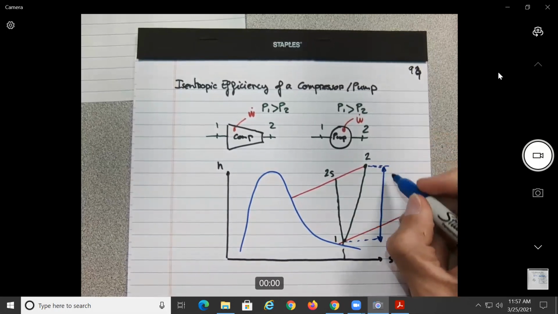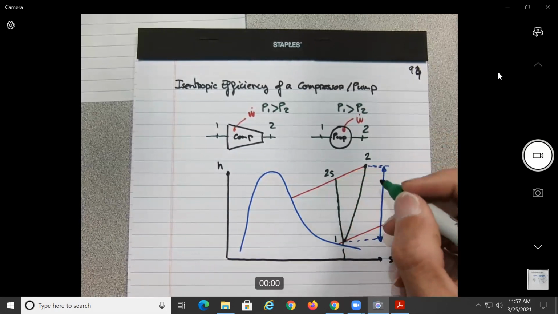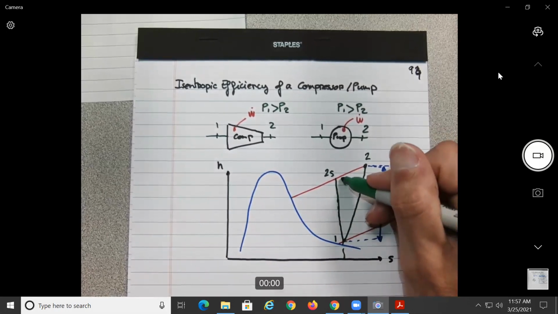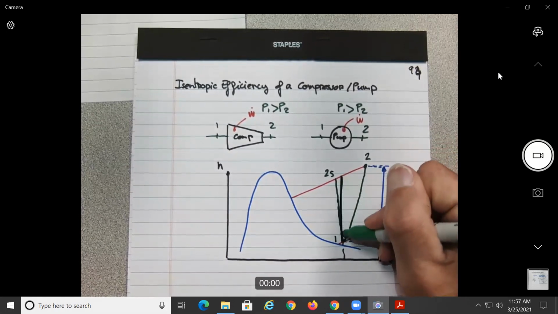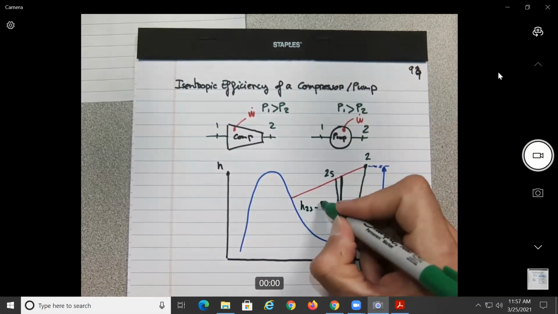This one will be H2 minus H1. And this one here should be a straight line. It doesn't look straight at all. Sorry for that. It will be H2s minus H1.